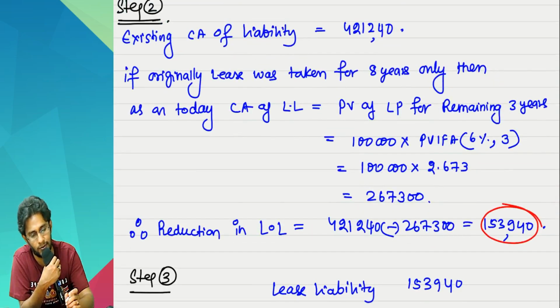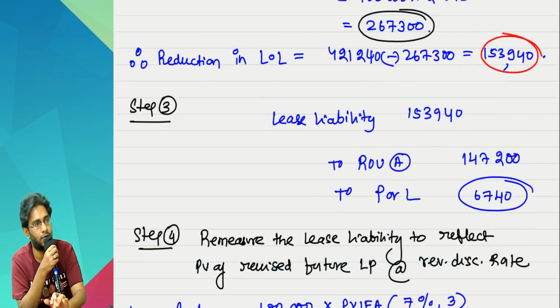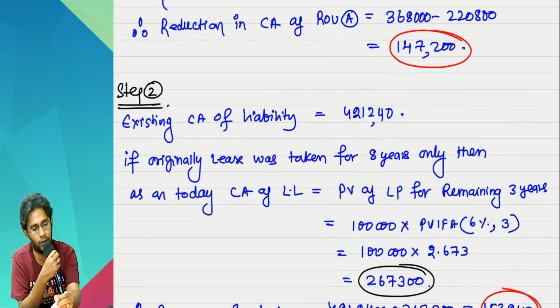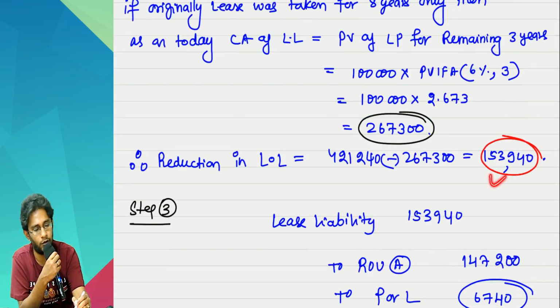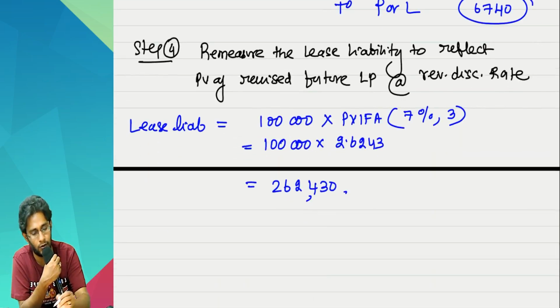So from your existing lease liability, jump to 262,430. What is your existing lease liability? This one, 267,300. Because it was 421, you reduce 153, it will come to 267. From 267, you now come to 262.